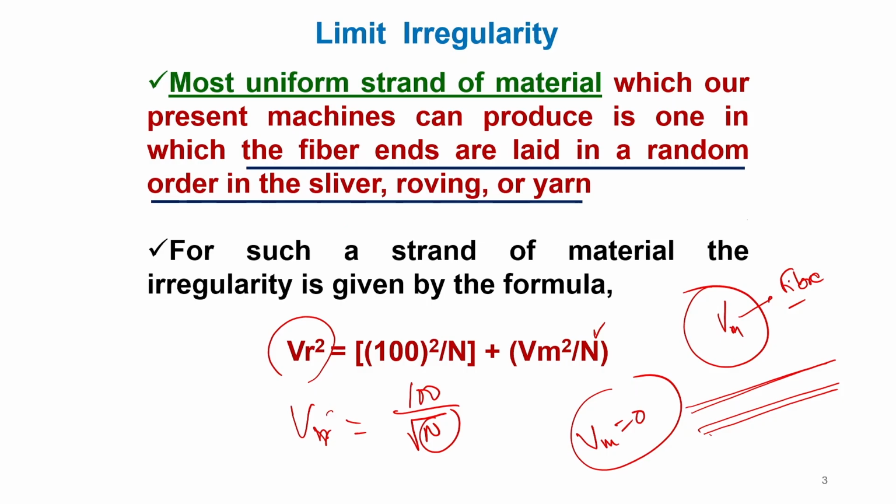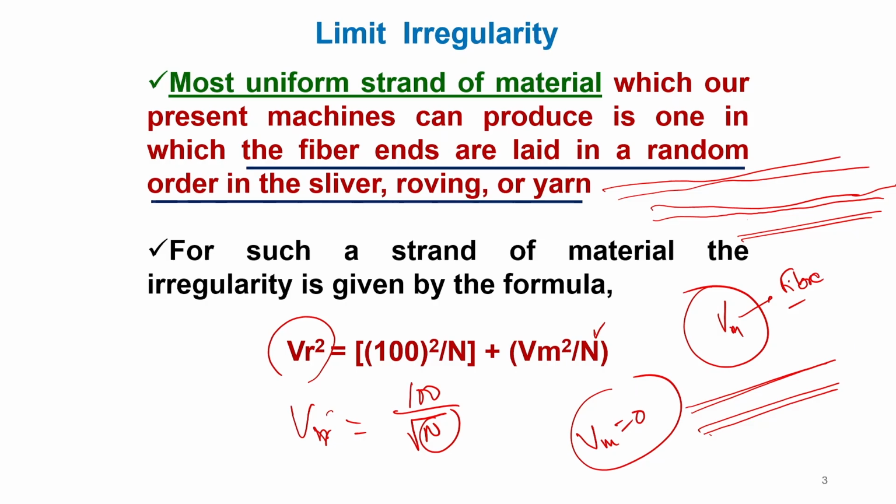But in case of natural fiber like wool and cotton, wool has got variability within a single fiber, and even from fiber to fiber the mass per unit length variation will be there.